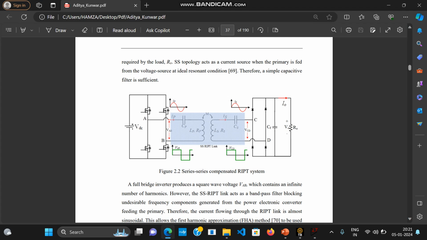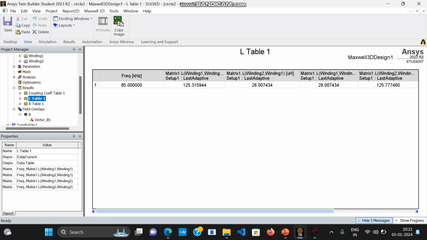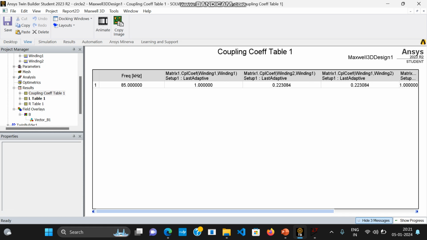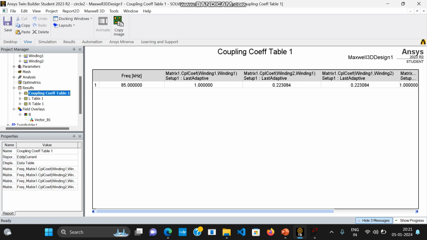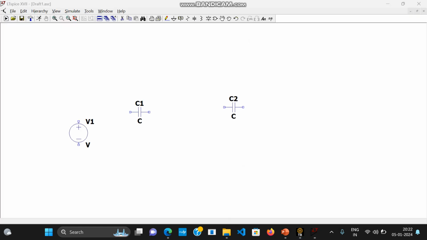Then how do we export the values which we get from ANSYS, like the inductance of the coil and the coupling coefficient? These are the two quantities which are required in order to design the system. So we export these self inductances in the form of inductors here in LTspice.